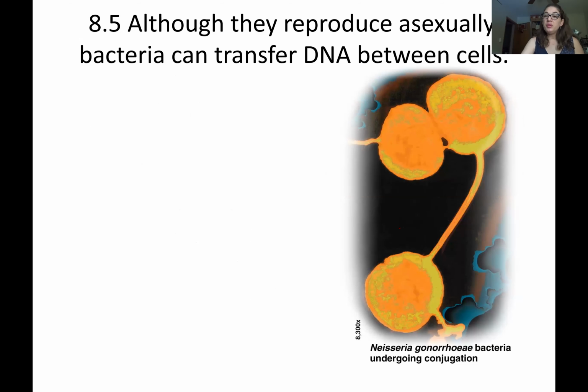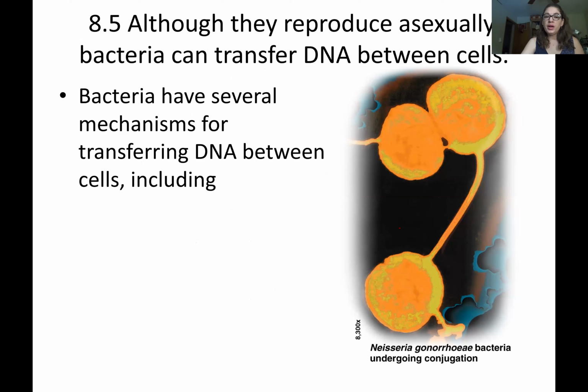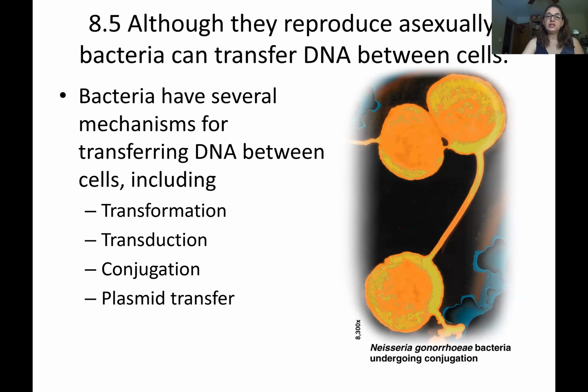We know that they reproduce asexually, dividing in half by binary fission, but there are mechanisms for transferring genetic information from one bacterium to another. There are four processes that we'll talk about briefly: transformation, transduction, conjugation, and plasmid transfer.